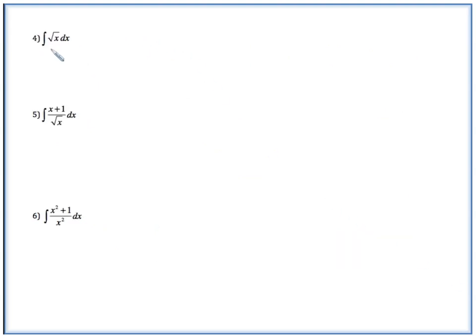All right, for example 4, nothing new here, but we do want to change this derivative, square root of x. We want to change it to x to the 1/2. So again, we don't like our radicals because they don't really help us out too much. Okay, so let's go ahead and find this using the power rule. So we still have the x, and we want to add 1 to 1/2.